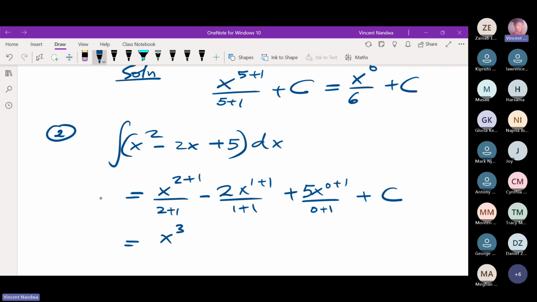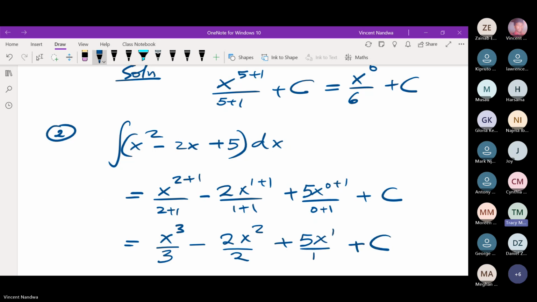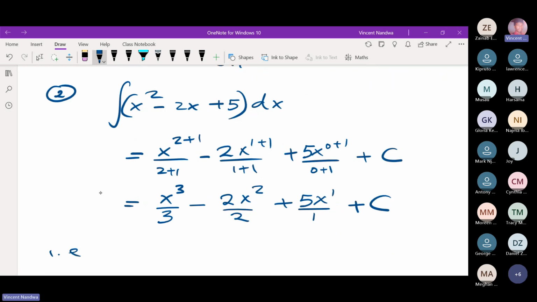So this will give us x power 3 over 3 minus 2x power 2 over 2 plus 5x power 1 over 1 plus c, which is just x power 3 over 3 minus x squared, then plus 5x plus c. Okay, right.